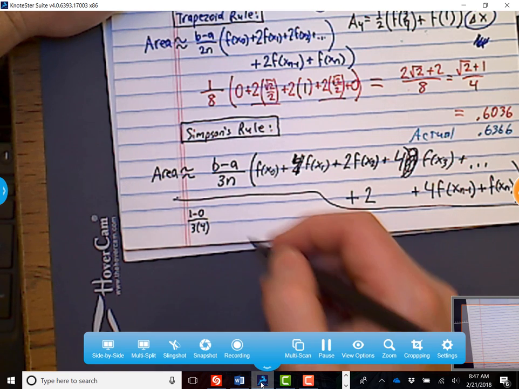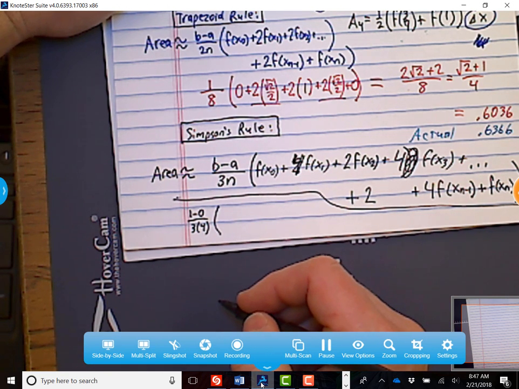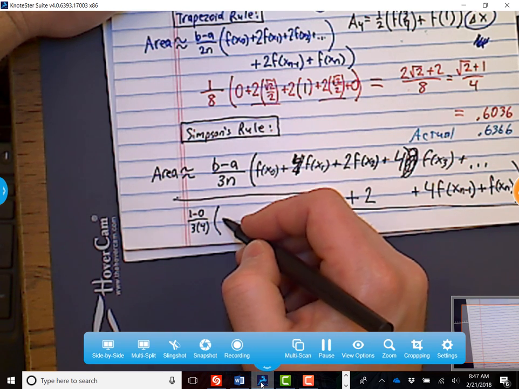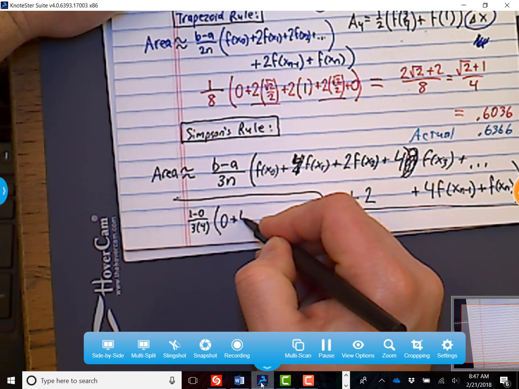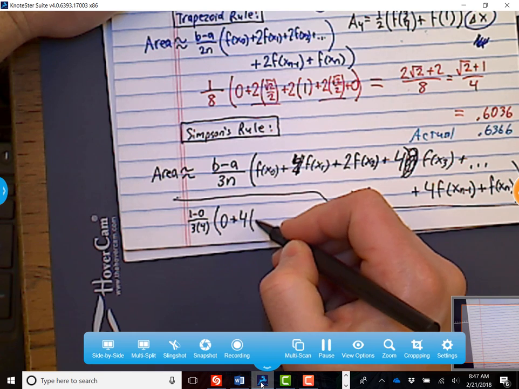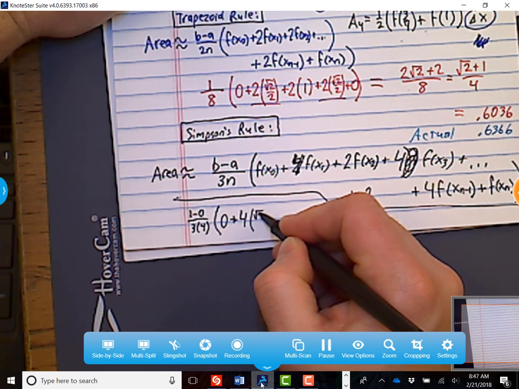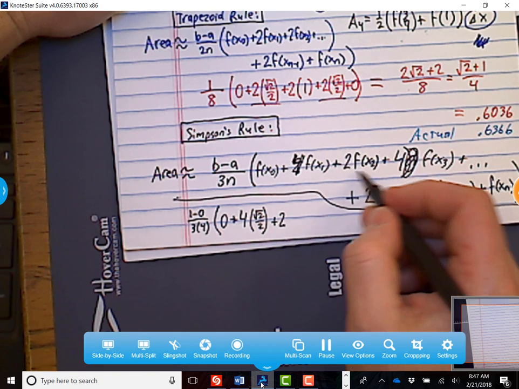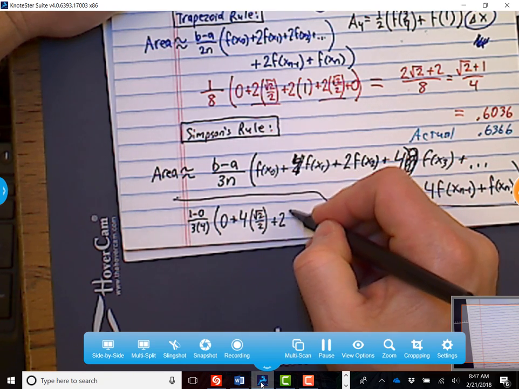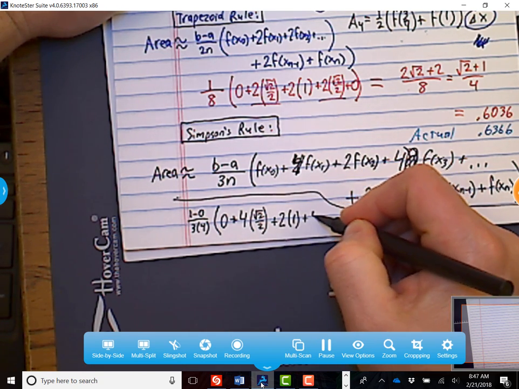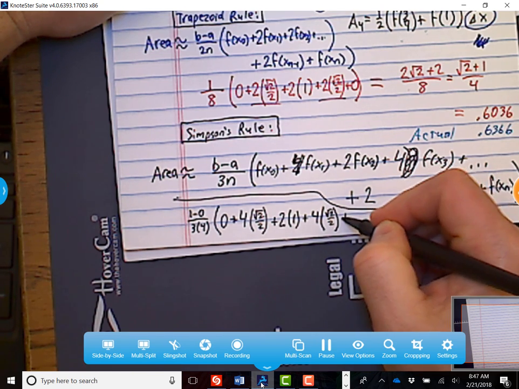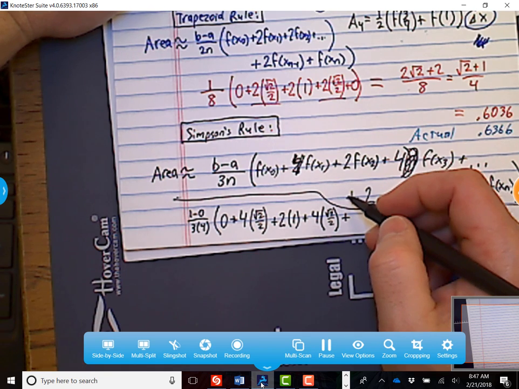So it's going to be 1/12 times, now we have f of x 0, that was 0, plus 4 times f of x 1, that was radical 2 over 2, plus 2 times f of x 2, but that was just 1, plus 4 times radical 2 over 2, plus, and then just 0.